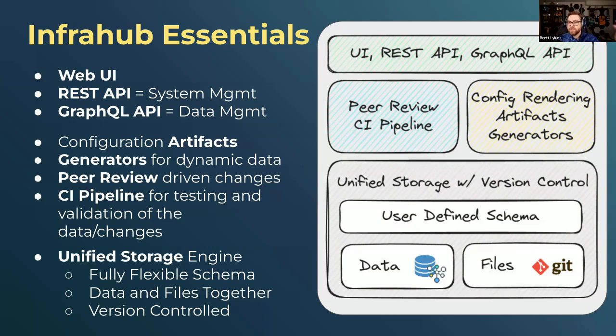And then accessing all of that, you have a lot of different options. There's a web UI because it's a web-based tool. You go in, click around. There's also a REST API for managing the system itself, getting artifacts and things like that out after they've been created. And then there's a GraphQL API that's natively built in for managing the data itself in the system and the schema of that data.